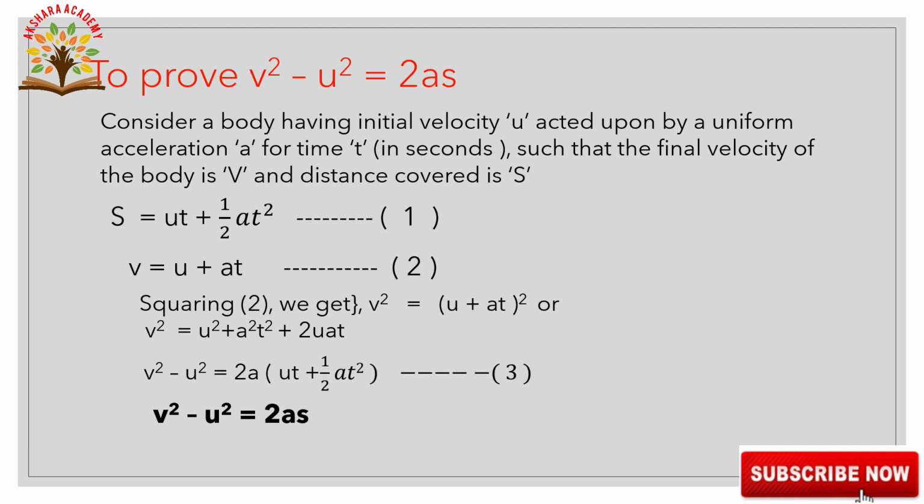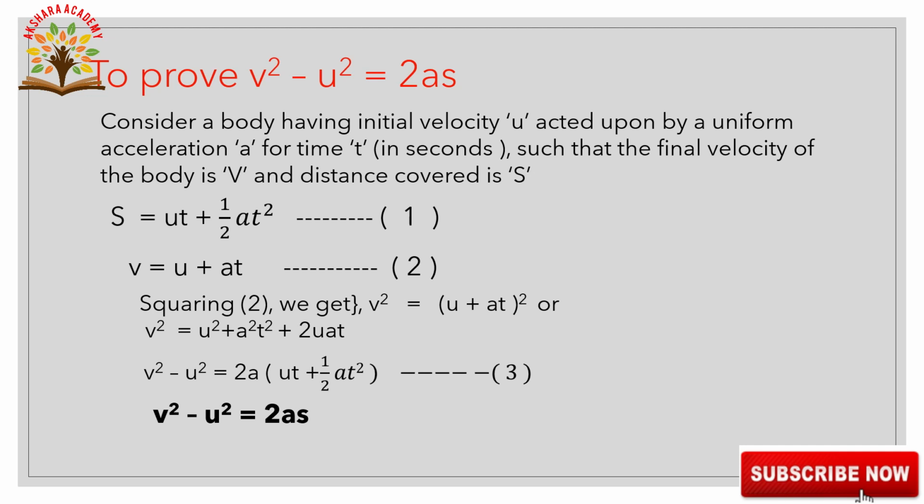This is equation number 3. Then v square minus u square is equal to 2as, where s is equal to ut plus half at square. Substituting equation 1 in equation 3, we get v square minus u square is equal to 2as.